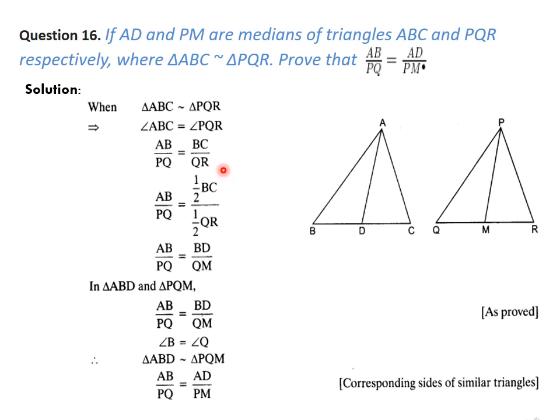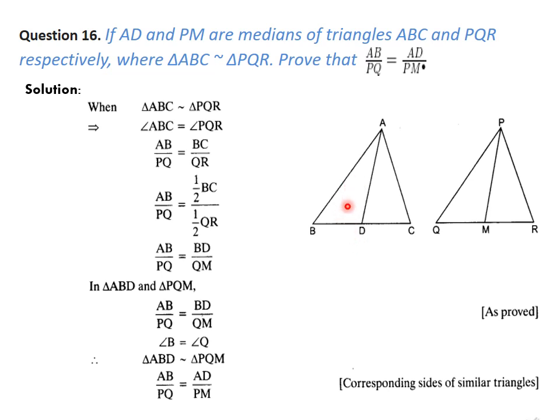By the given condition from the similarity of triangles ABC and PQR, we have AB by PQ is equal to BC by QR. So instead of BC, we can write twice of BD. So half of BC and half of QR can be written, and half of BC is equal to BD.